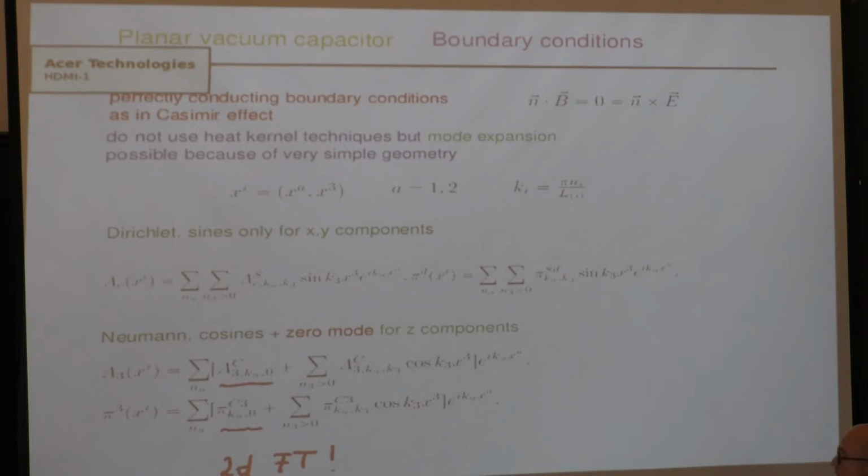What is interesting in this case of two parallel plates is that this zero mode is a two-dimensional field theory on its own. You see, because it's a zero mode in just one direction, and then you still have the K3 momentum, which gives, let's say, the transverse momentum, and it's arbitrary in this transverse momentum.